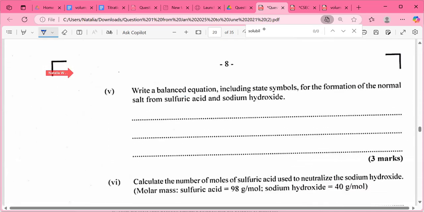It's a balanced equation including state symbols for the formation of the normal salt from sulfuric acid and sodium hydroxide. So H2SO4, aqueous, all acids are aqueous, reacts with aqueous sodium hydroxide to form sodium sulfate.